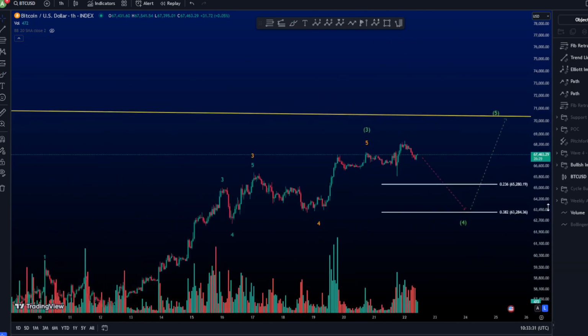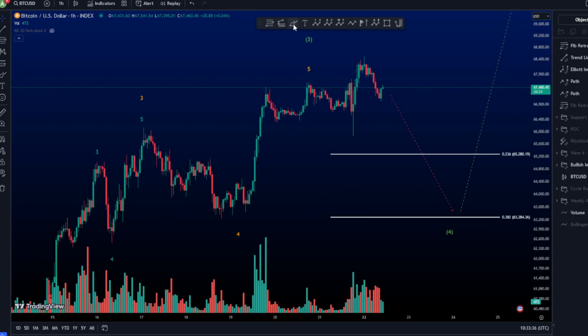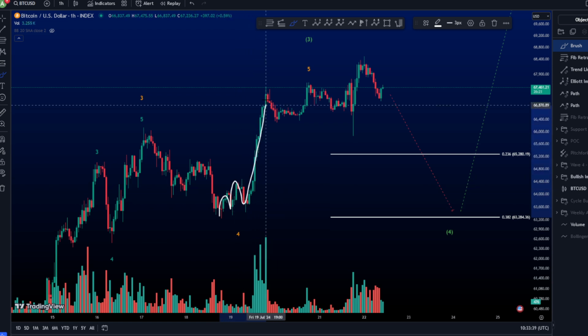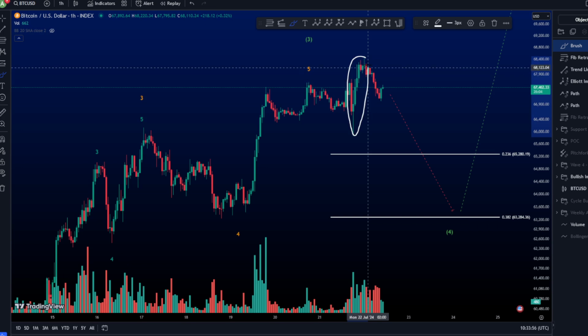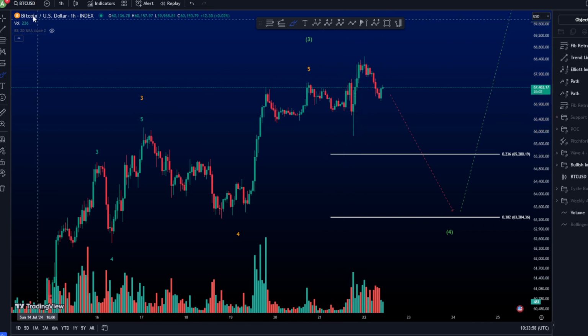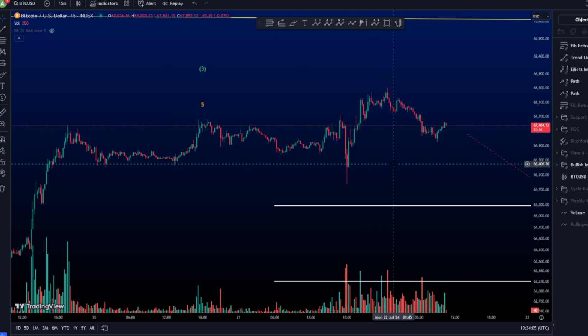For the 5, why is the 5 here? Because yesterday, what we see here is a 1, 2, 1, 2, 3, 4, 5. Now, this is very tricky because it might say we have double 1, 2, then 4, 5 as well. It might be, but the problem that I have is with this trend here. If we go inside it in the 15-minute, I don't really know how to count this.